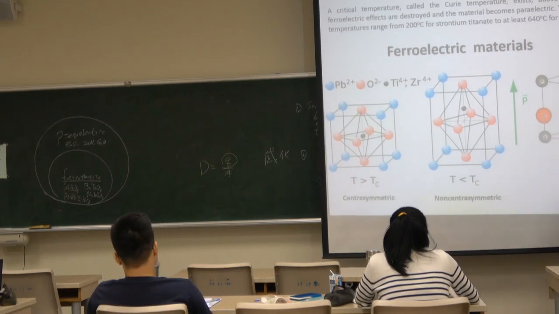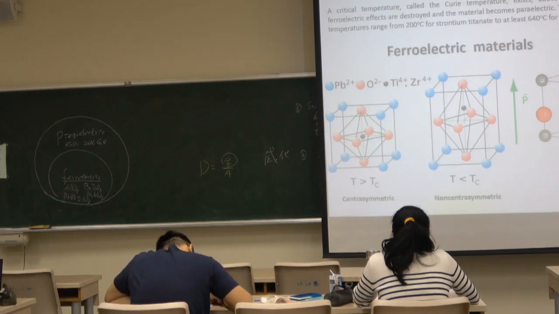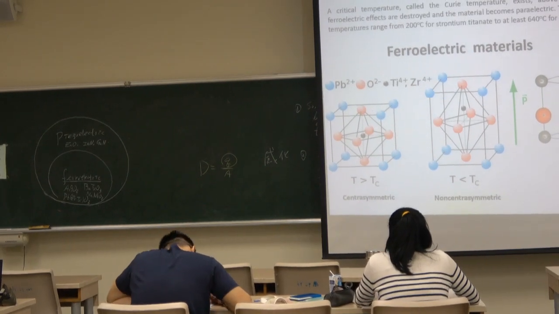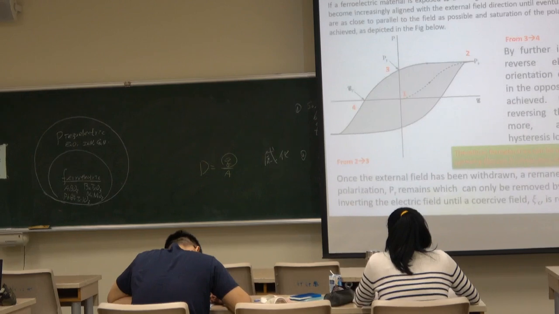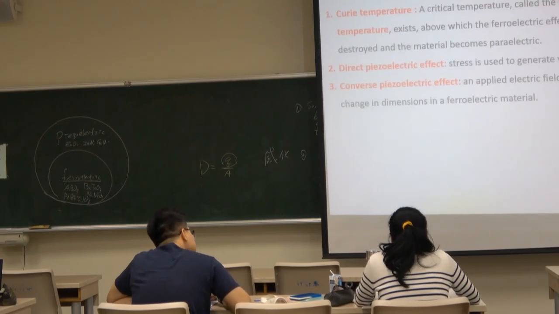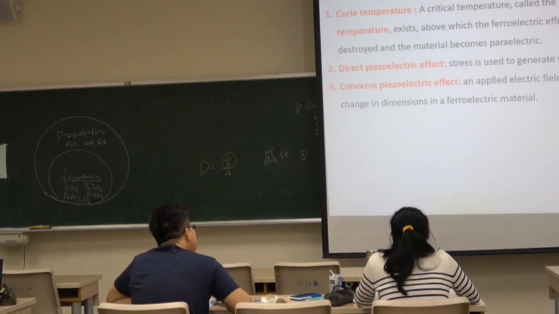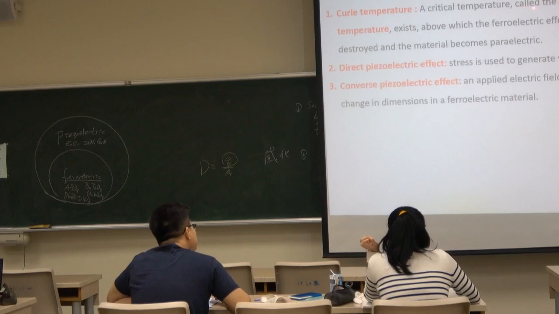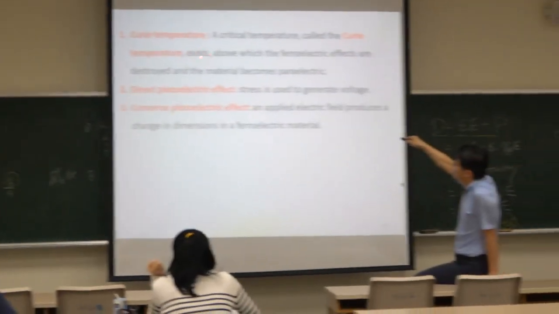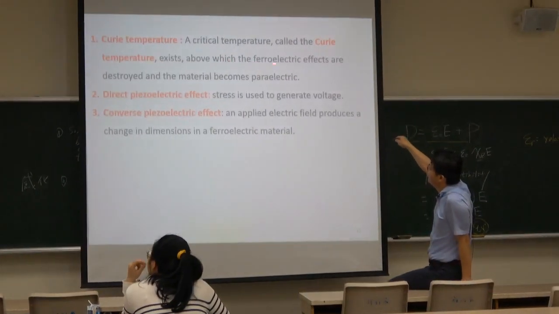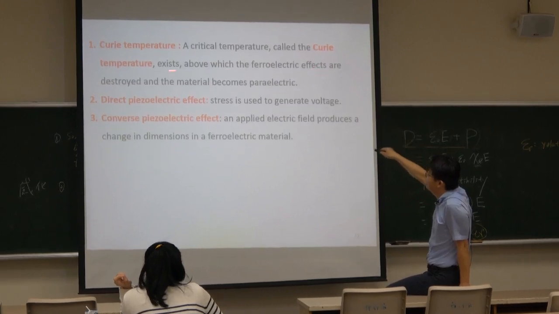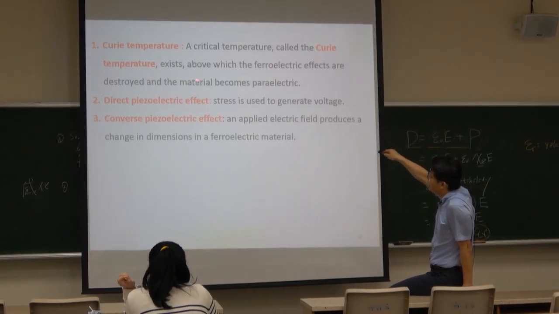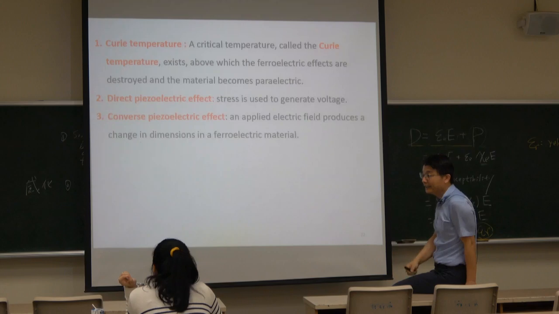Tc is a critical temperature called the Curie temperature. Above it, the ferroelectric effect is destroyed and the material becomes paraelectric.